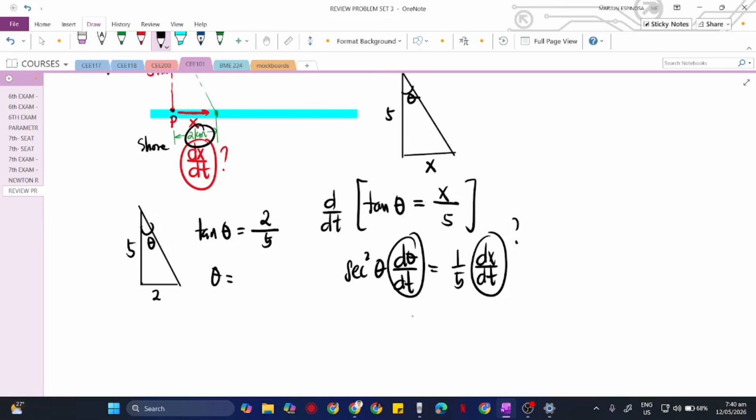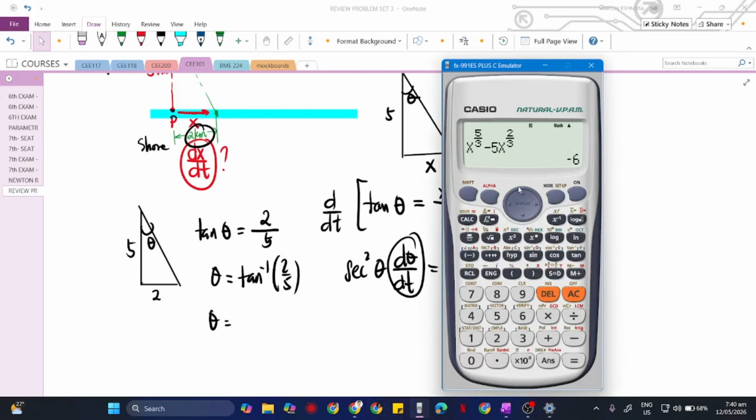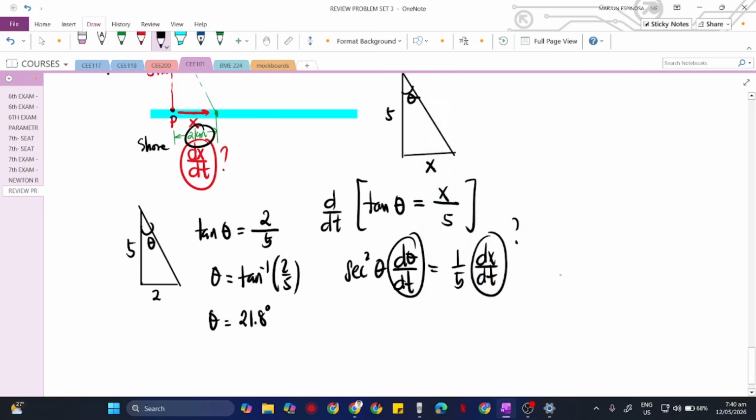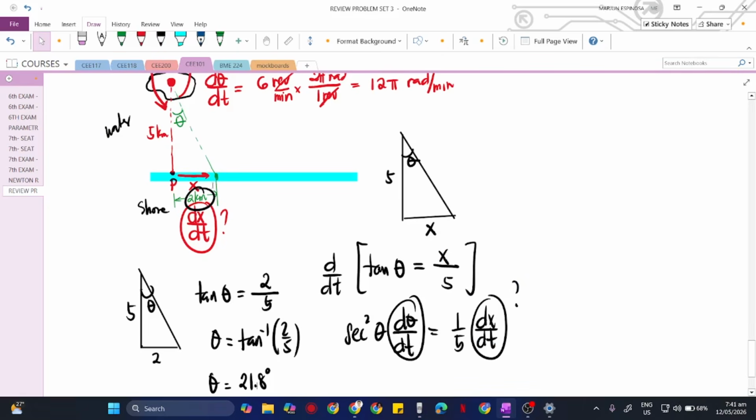So, theta is arctan of 2 over 5. We can use degrees, class. The value we get is 21.8 degrees. That is our theta at the instant that the beam of light is 2 kilometers away from point P.